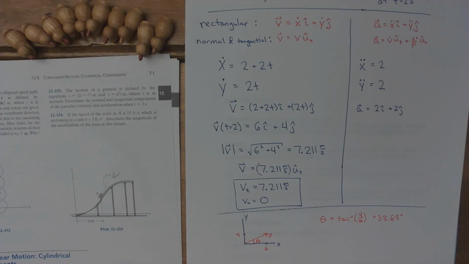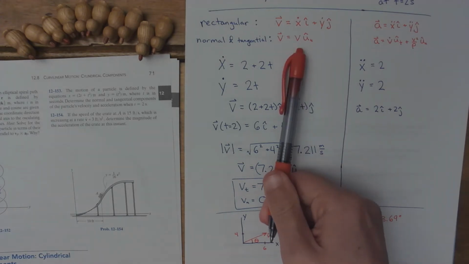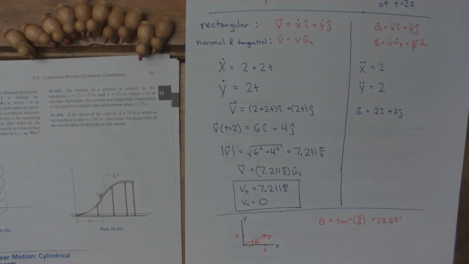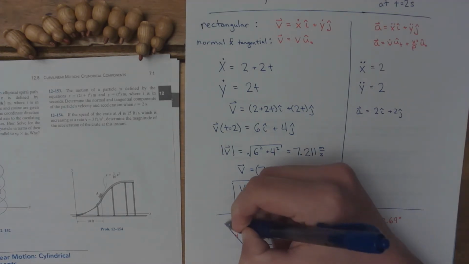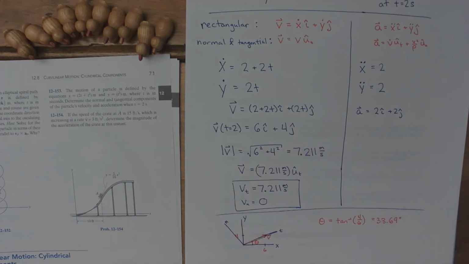Now, I want to go from rectangular to normal and tangential, and we know the velocity is pointing in the tangential direction. So this angle is the angle between the x-axis and the tangential direction. And perpendicular to the tangential direction is the normal direction.